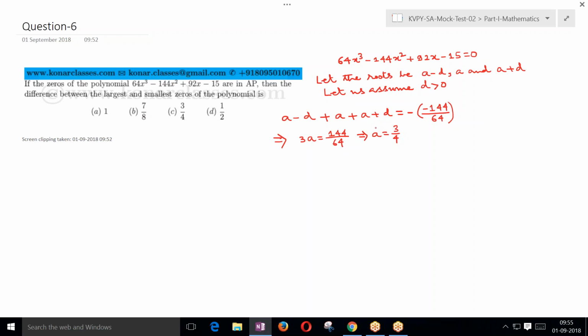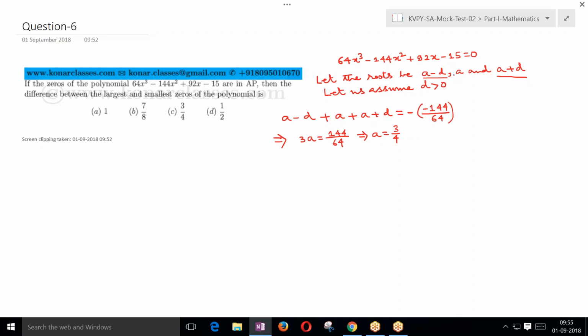Now, according to the question, we need to find the difference between the largest and the smallest zeros. The largest one is a plus d and the smallest one is a minus d. So the difference is a plus d minus of a minus d, that is 2d.